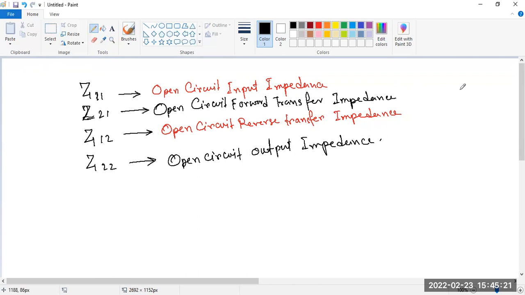So what is the Z11? That is ZA plus ZB. What is Z21?